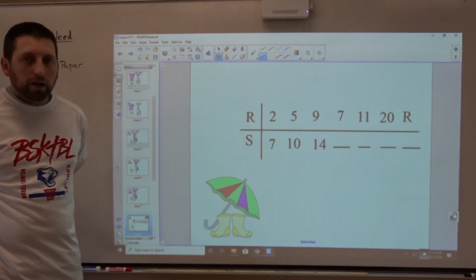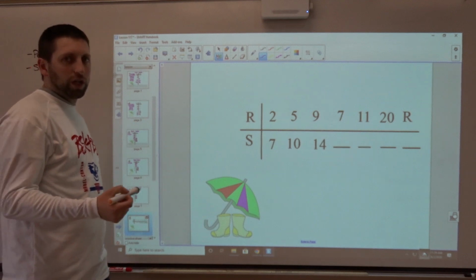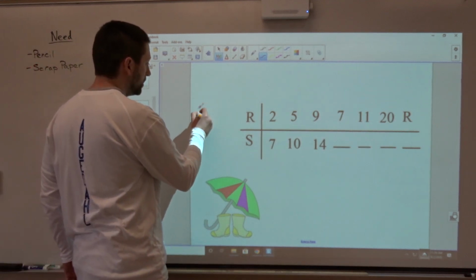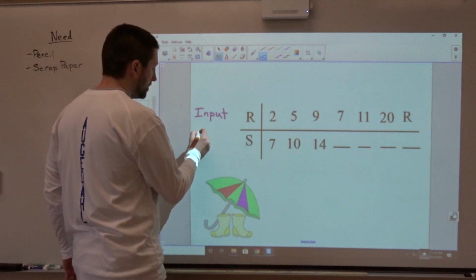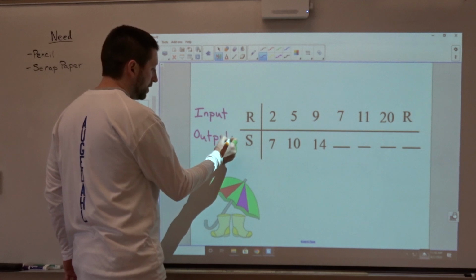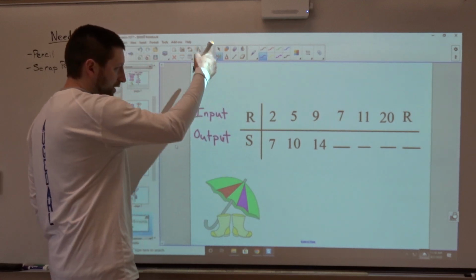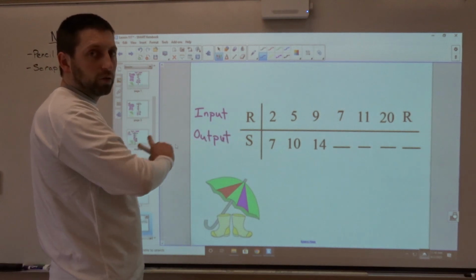Alright, this one I have an input-output table, but it's not going vertical, it's going horizontal, and it doesn't change how this works at all. So this is still the input on top here, and this is the output here. So it can be written either vertically, going up and down, or horizontally going from left to right.